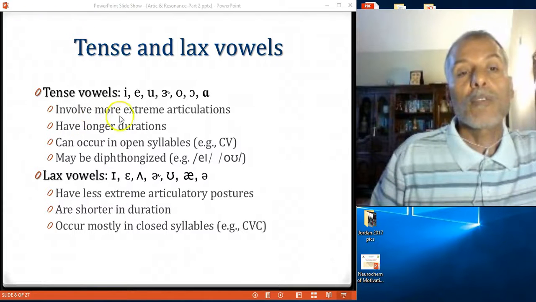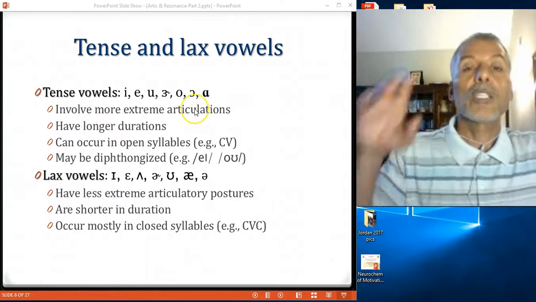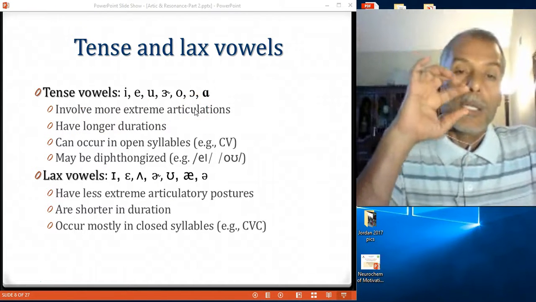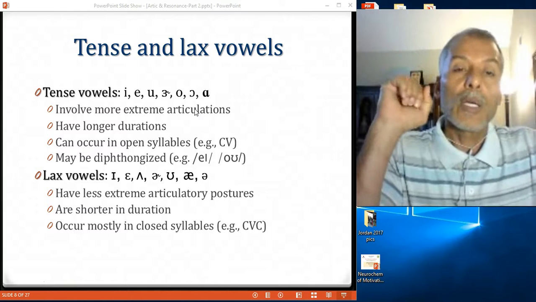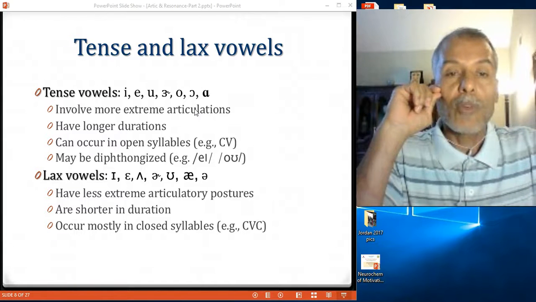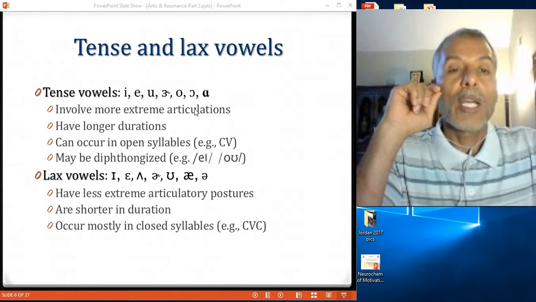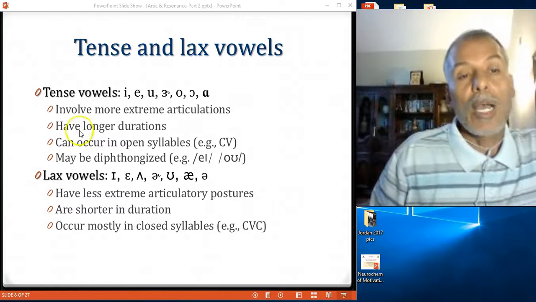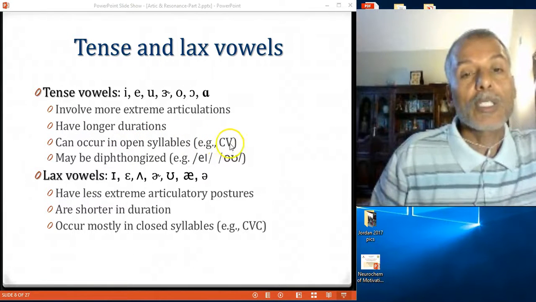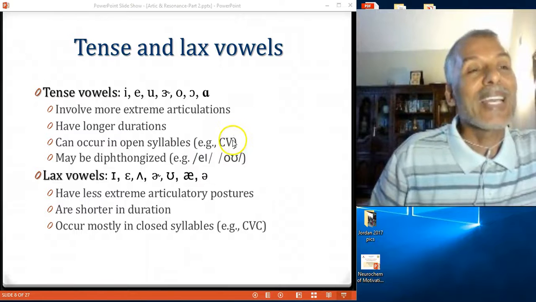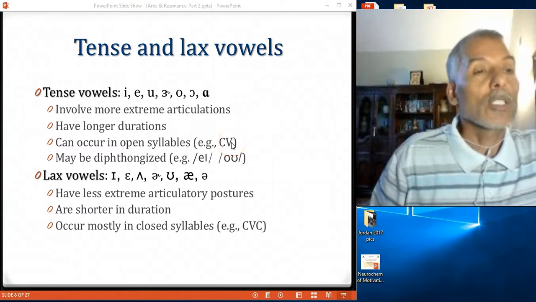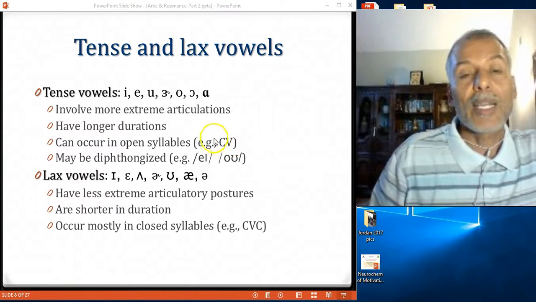So tense vowels involve more extreme articulations because they take longer time to pronounce and require muscular tension. They have a longer duration, and they can occur in open syllables. An open syllable is a consonant and vowel. It doesn't end with a consonant, like when we say pa, ma.